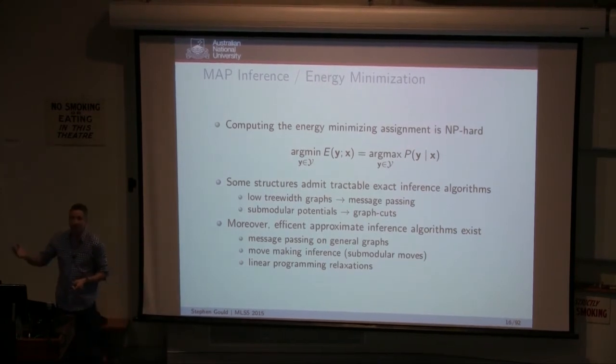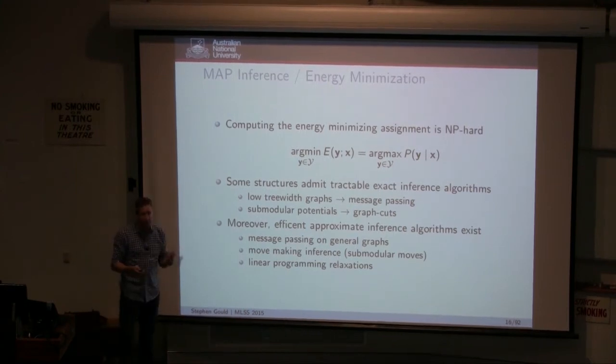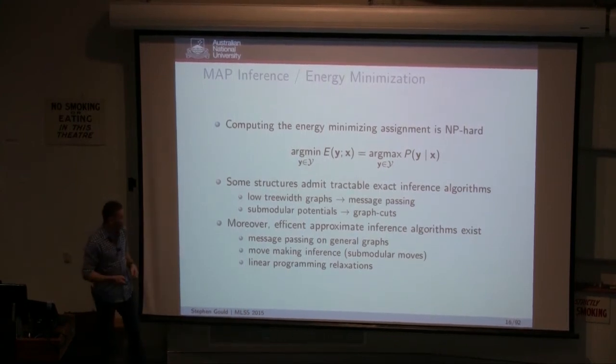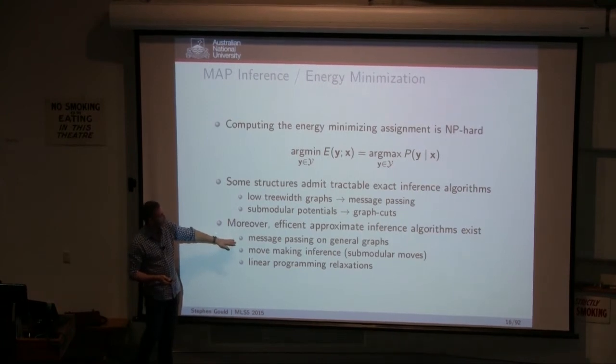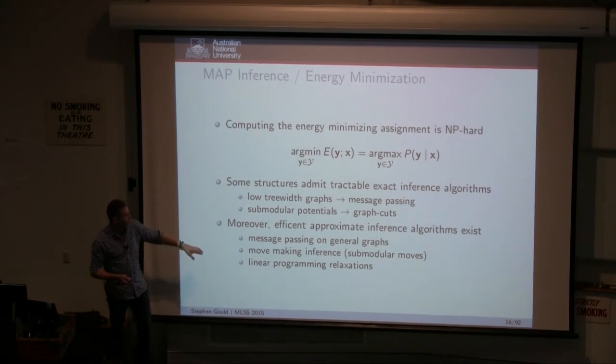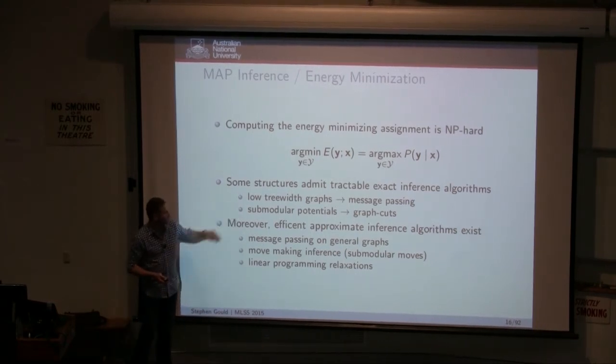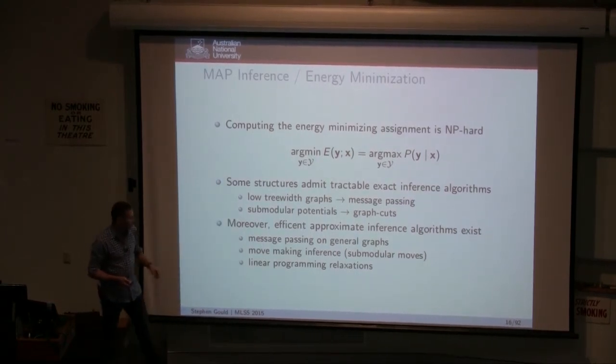And usually these approximate inference algorithms give us very good solutions. Sometimes they do it with certain guarantees, sometimes without guarantees, but at least the algorithms exist and we can get an answer. And so we can run message passing on general graphs, not just low tree width graphs. We can use move-making inference, which is a wrapper procedure around graph cuts. And we can do linear programming relaxations.